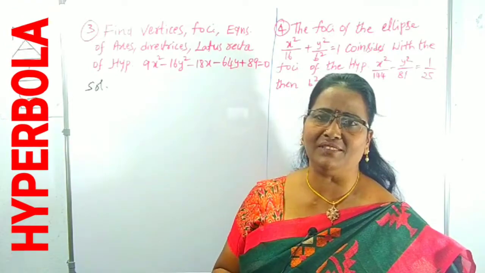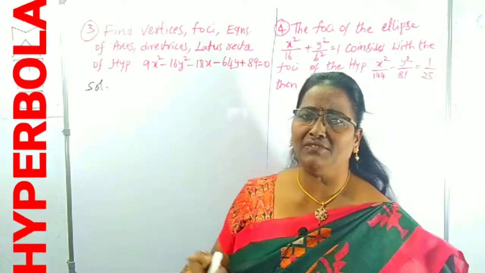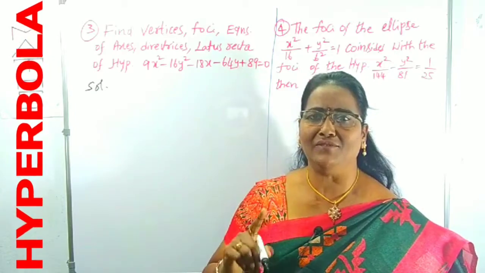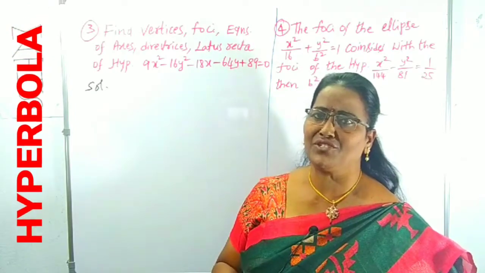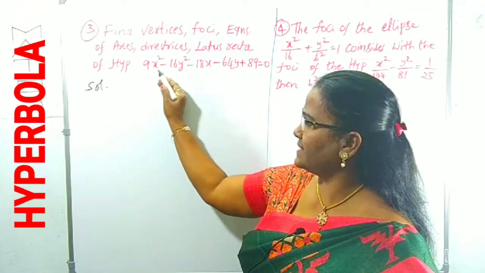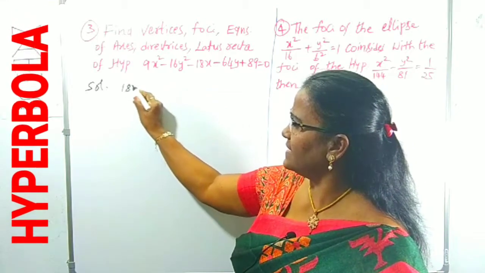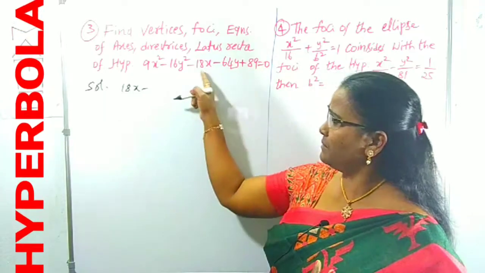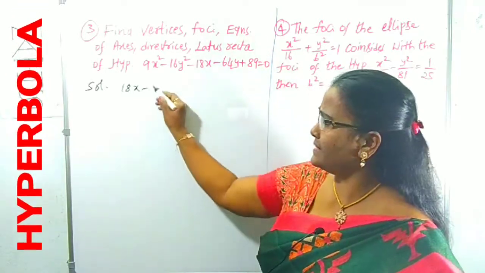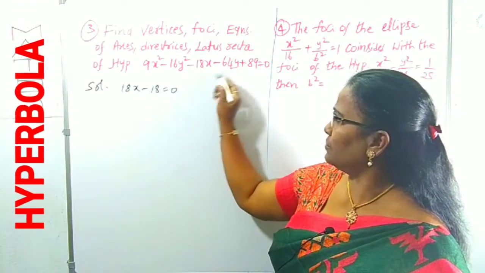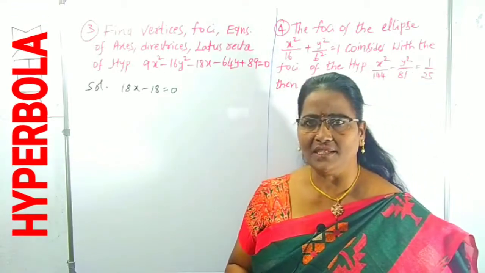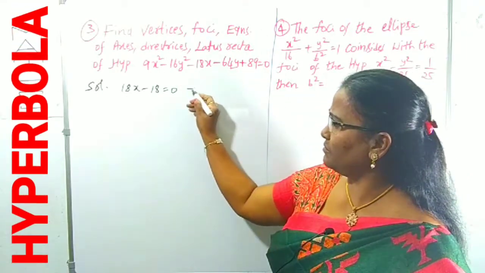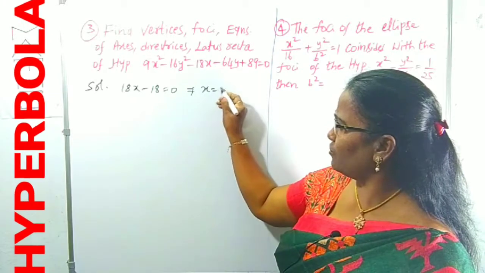As I said, differentiate with respect to x by treating y as a constant. In the previous question I did the same way. The derivative of 9x square is 18x, minus 16y square is constant so its derivative is 0, minus 18 derivative is minus 18, equals 0, because these are constants and their derivative becomes 0. From this we can get x is 1, right?